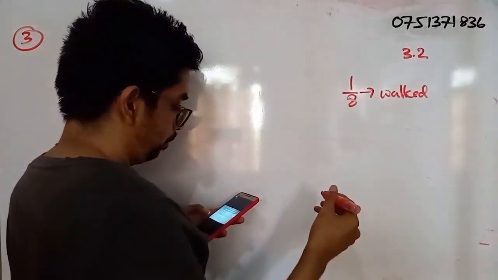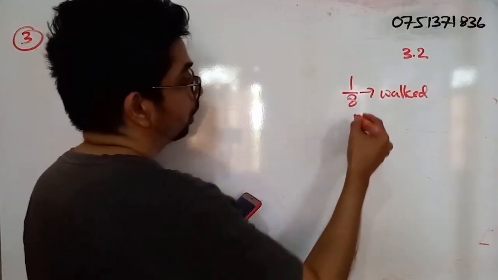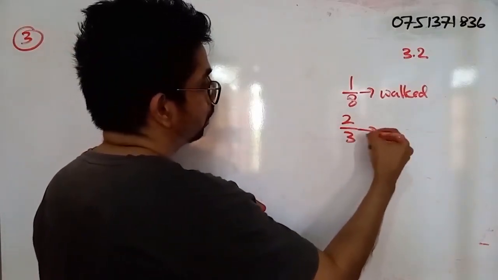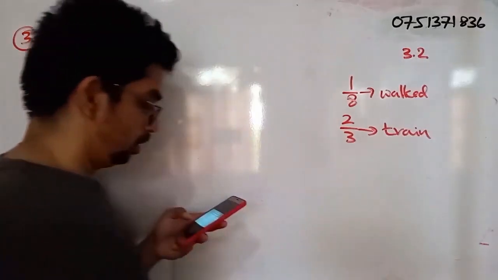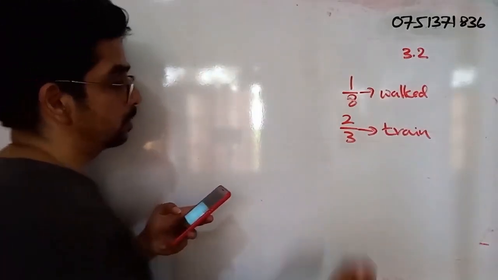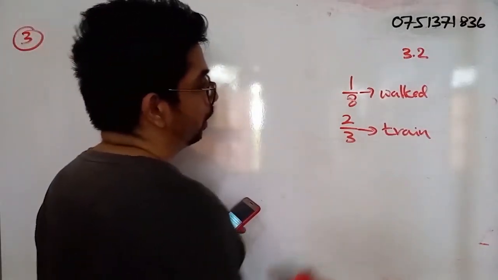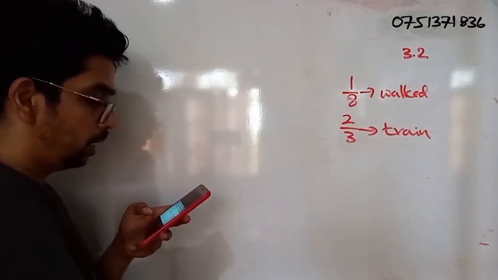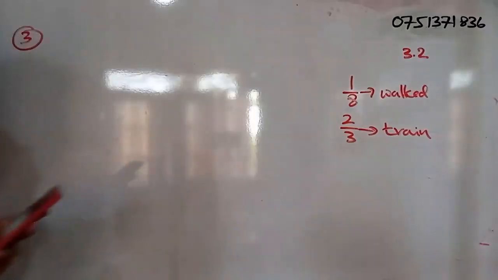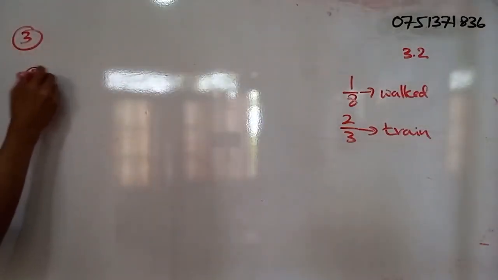Right? By train 2/3 and the remaining distance by bus, right? Remaining by bus. Okay, express the distance she traveled by foot and by train as a fraction of the total distance. So what do we have to do?